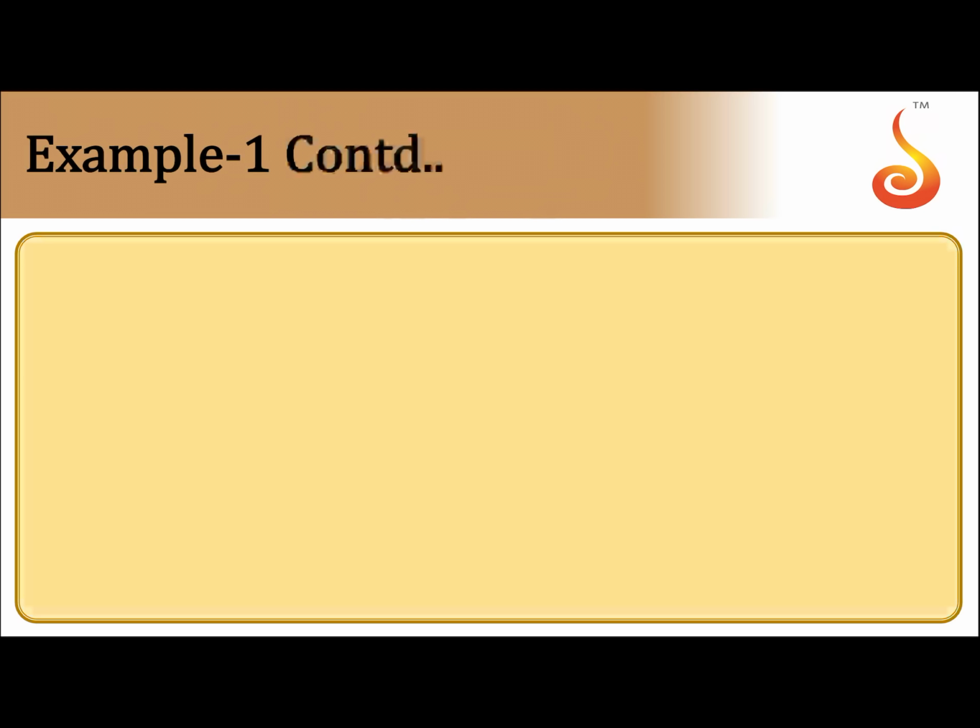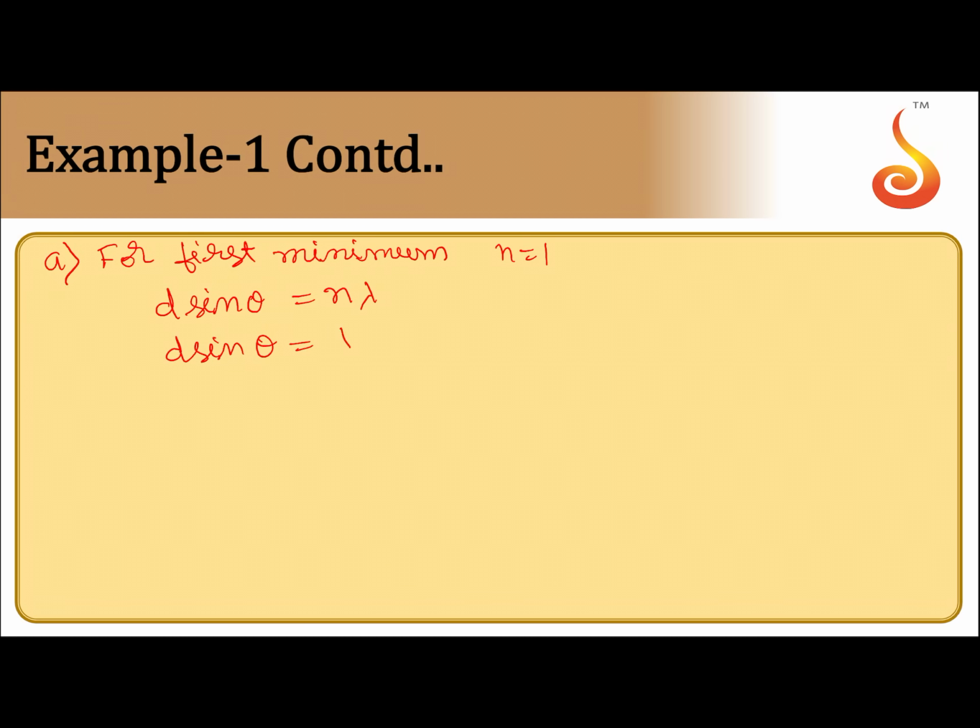So for case A, for first minimum, we know that the condition for minima is d sin theta is equal to n lambda. For first minimum, n is equal to 1. So d sin theta is equal to lambda.